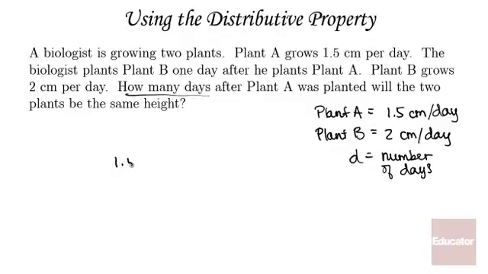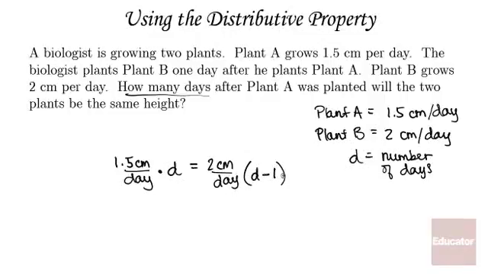So 1.5 centimeters per day times the number of days will equal 2, we could say 2.0 or just 2 centimeters per day. However, this time I'm going to say day minus 1 because this one started a day later. Actually, it's going to be day plus 1 because this one started a day later.